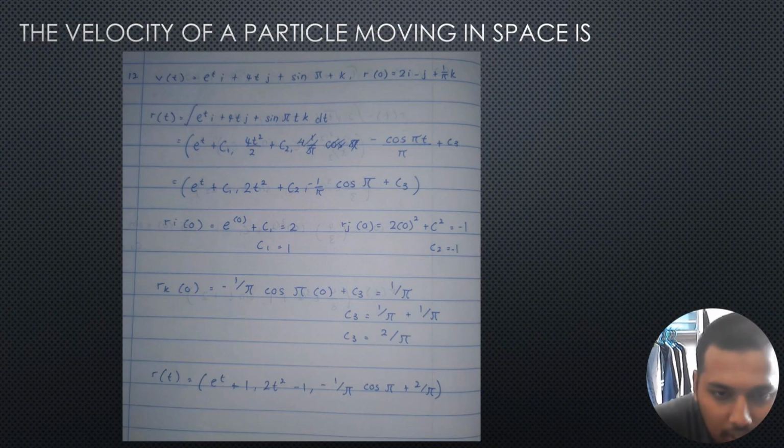And for k, we get 2 over pi. And for the total, we get e to the power of t plus 1, and 2t to the power of 2, negative 1, and negative 1 over pi cos pi plus 2 over pi.